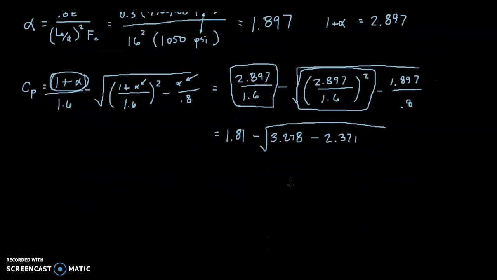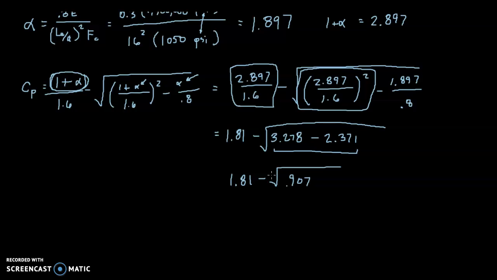Okay, so now let's look inside our radical. 3.278 minus 2.371 equals 0.907. So it's going to be square root of 0.907, 1.81 minus that.